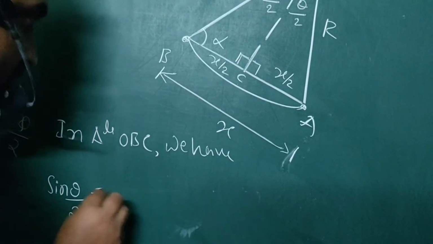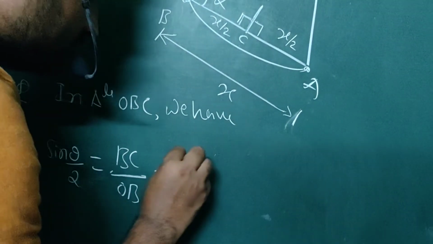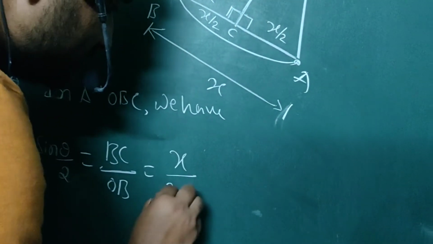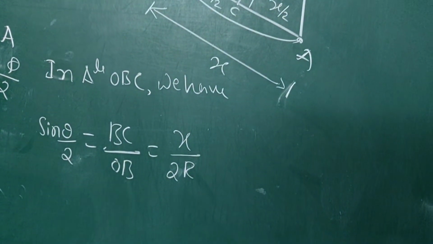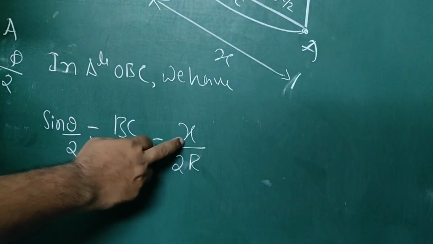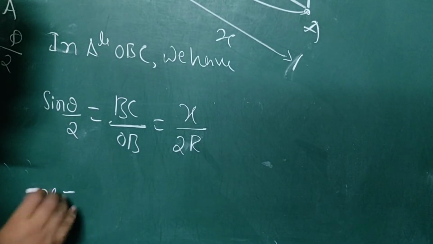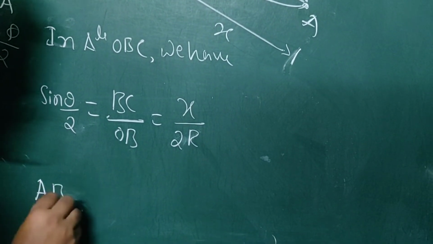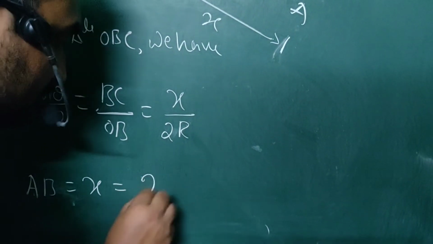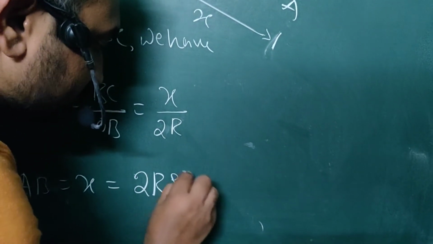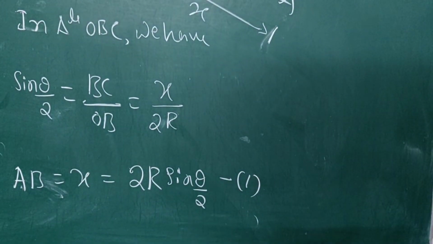Sine theta by 2 equals opposite by hypotenuse, that is equal to x by 2, and the hypotenuse is r. Now from this we can solve for x. Therefore, what is x I am going to get? AB equals x, that is the distance between the two balls, equals 2r sine theta by 2, and I'll call it equation number 1.